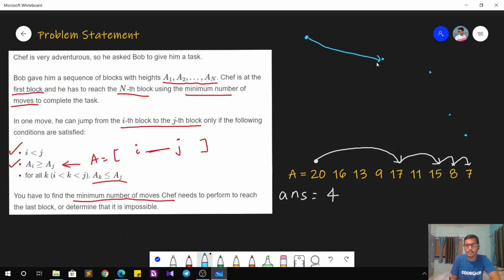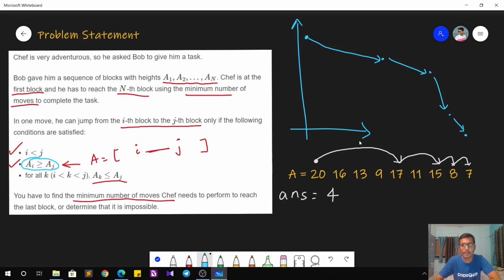So the jumps are only going to go down, that is, the height is only going to go down. Why? Because of the second condition, Ai should be greater than or equal to Aj. So at each jump, we are going either to the same height or a lower height. No matter what, we are only going to go down in terms of height. So this is the first hint that comes to my mind.